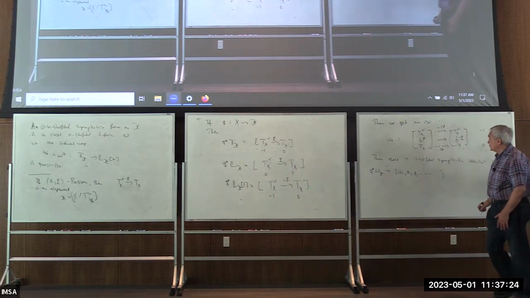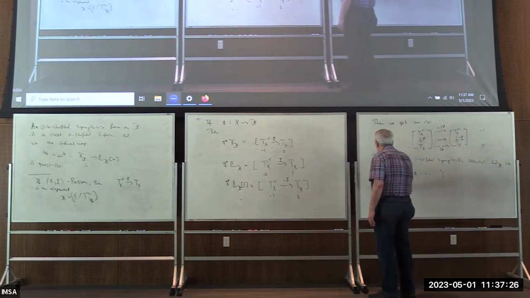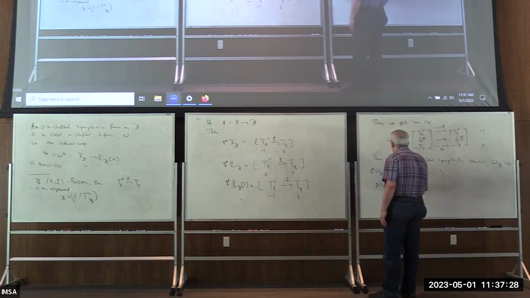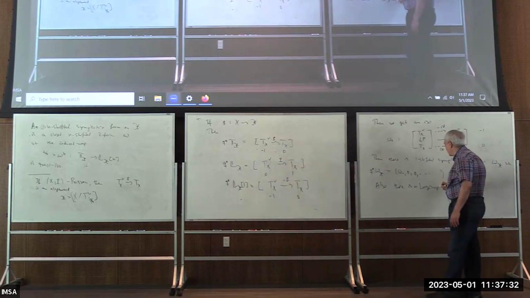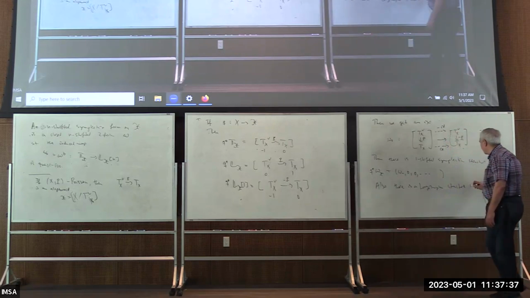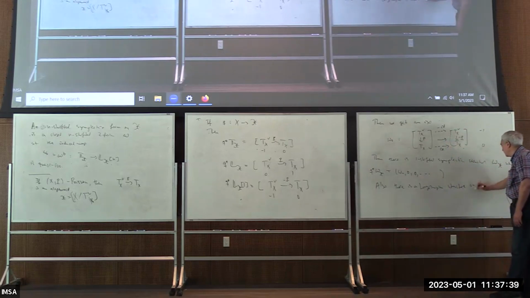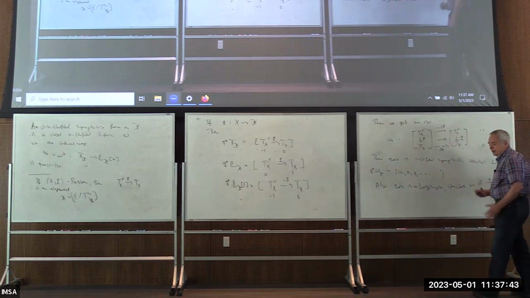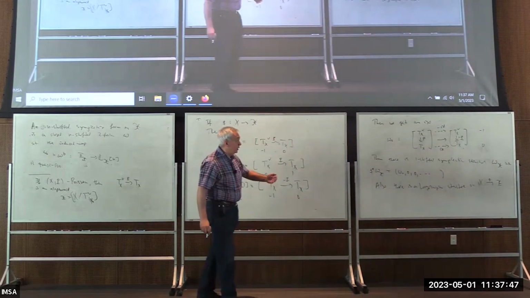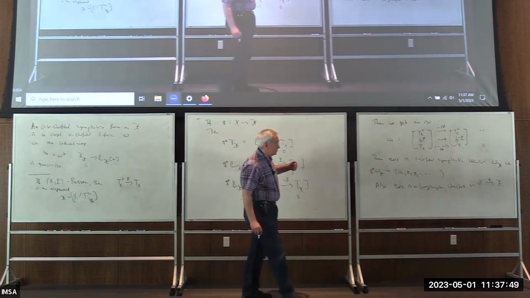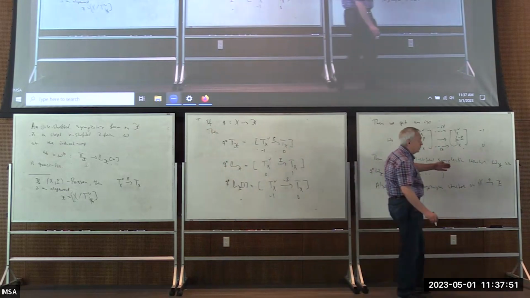Also, there is a Lagrangian structure on the map from X to script X. I'm not going to describe it. So a Lagrangian structure in this case is a homotopy between the pullback of the symplectic structure by Q and 0.